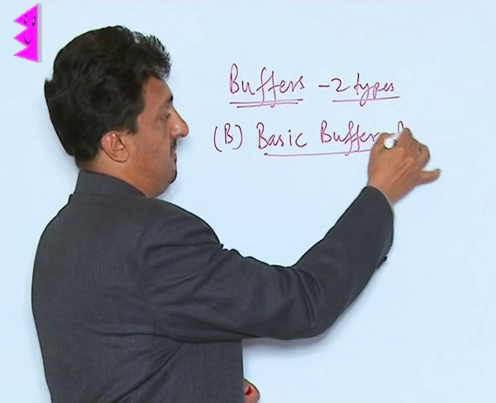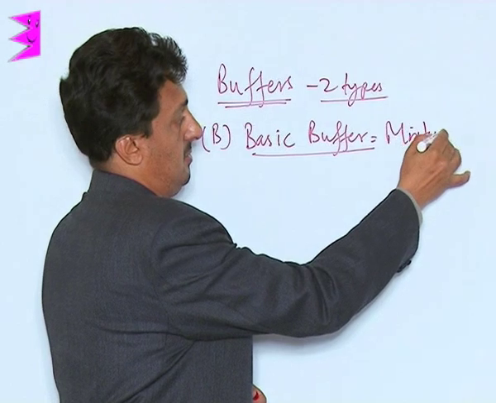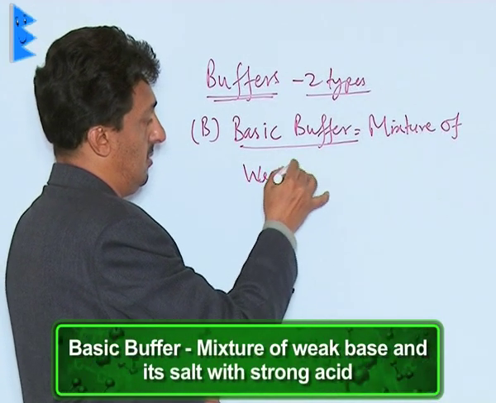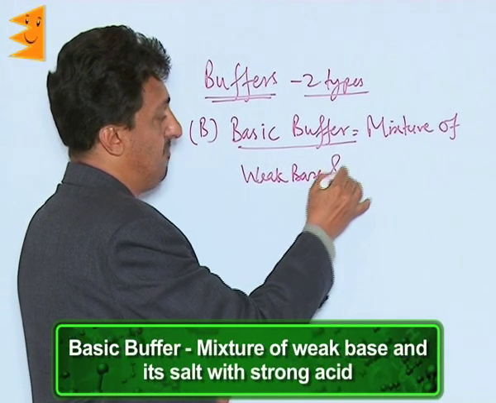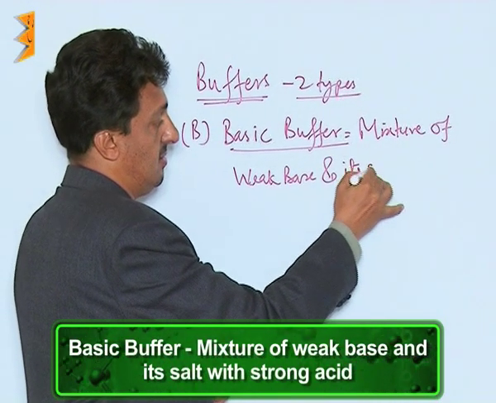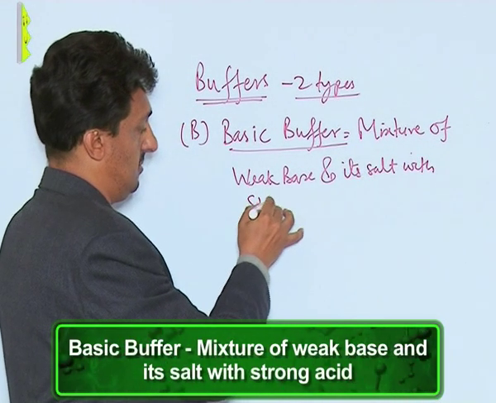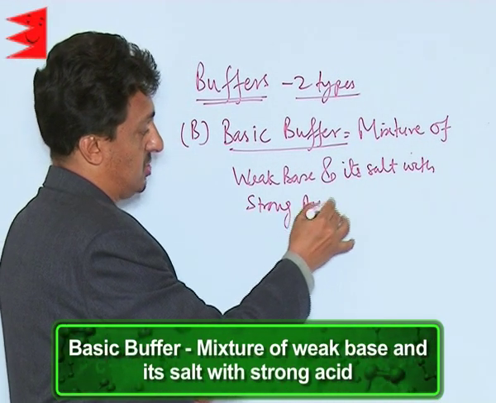A basic buffer is a mixture of a weak base and its salt with a strong acid.